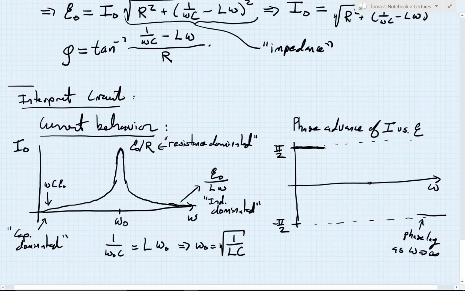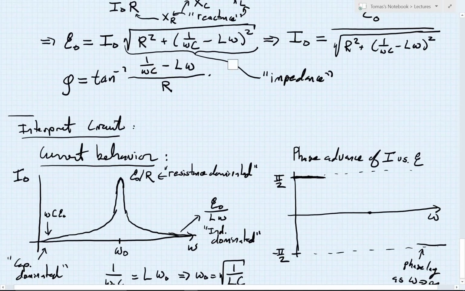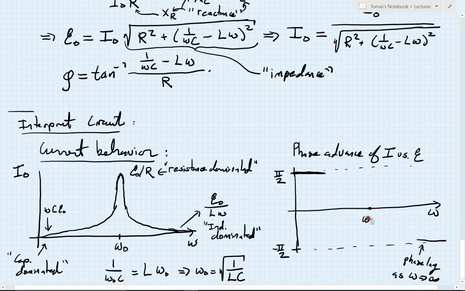It's interesting because if you look at where the phase goes through 0, if I want arctan of 0 to give me a 0 angle, I need these two terms to subtract to give me perfectly 0. But those are precisely the same two terms which determined the maximum frequency response. So it goes through 0 at omega naught, which is that one point which is, again, resistor dominated.